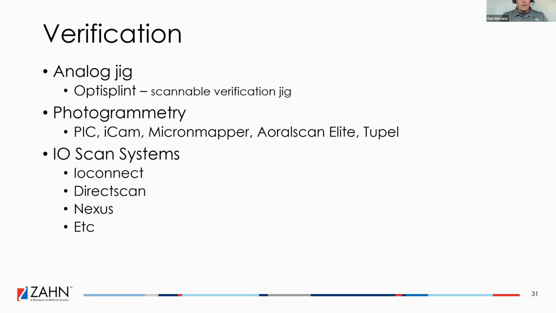Then you've got the photogrammetry, the PIC, the iCam, the Micron Mapper, the Oral Scan Elite, which is like a combo intraoral scan photogrammetry, and the Tuple, the IO scan systems. Again, they all seem to work well in their own way. Photogrammetry I'm a big fan of, just because it doesn't require as much human interaction.